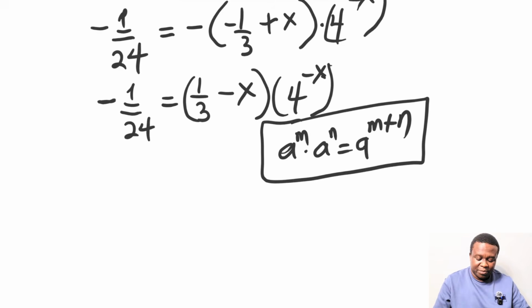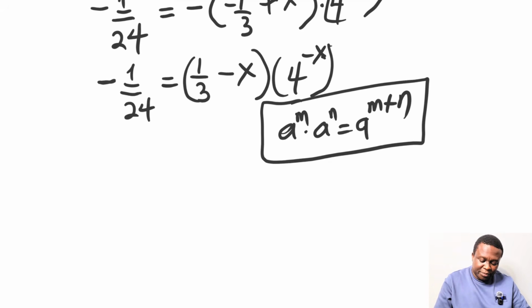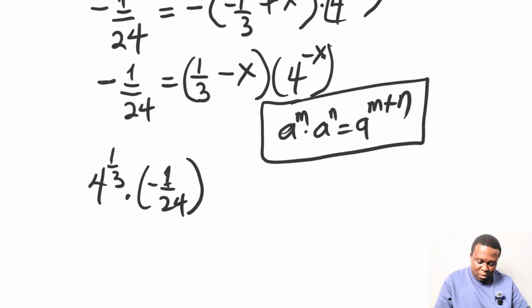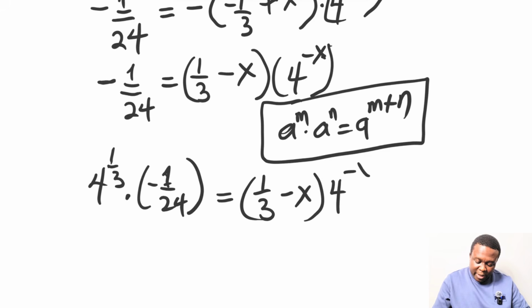So let's do it. So now we have 4 raised to the power 1 over 3 times minus 1 over 24 equals 1 over 3 minus x, 4 raised to the power minus x, times 4 raised to the power 1 over 3.